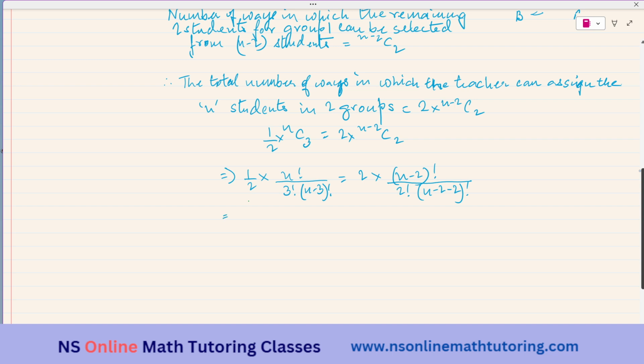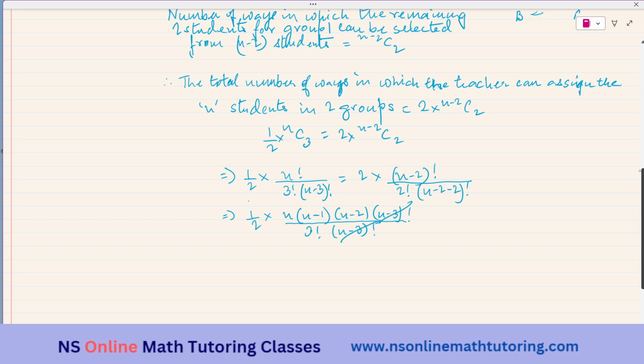Okay. So this is half times n factorial, which can be written as n times n minus 1 times n minus 2 times n minus 3 factorial, over 3 factorial and n minus 3 factorial.